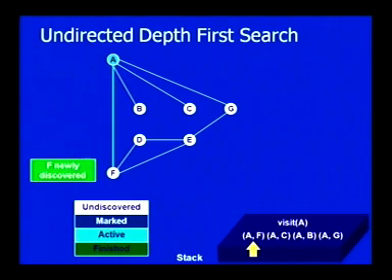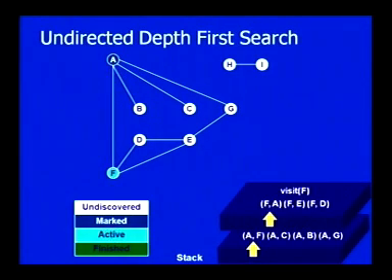I told you that in DFS all the earlier neighborhood information is lost, and only the neighborhood of the current node, the active node, is taken into account. So F is taken, and all the neighbors of F are pushed onto the stack. The neighbors of F are A, E as well as D.